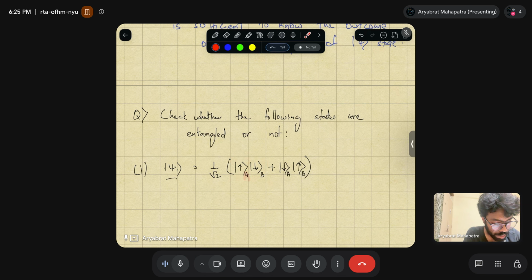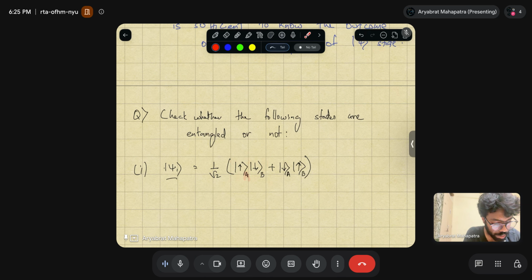So the language with which we normally explain all the stuff here is that we consider two observers known by their names, Alice and Bob, and they happen to share two quantum pairs of entangled state.